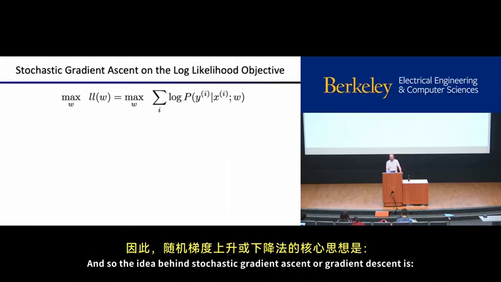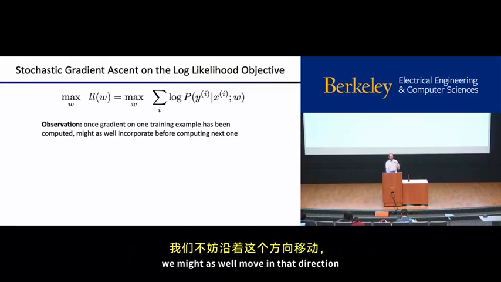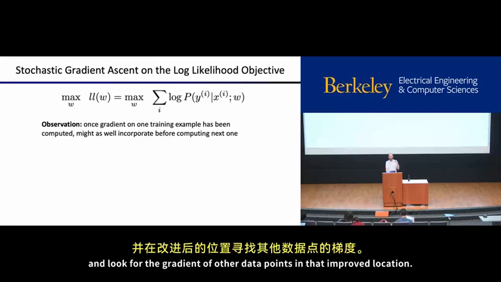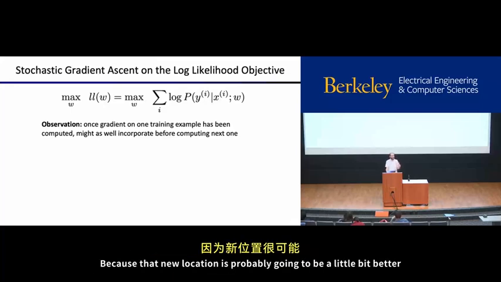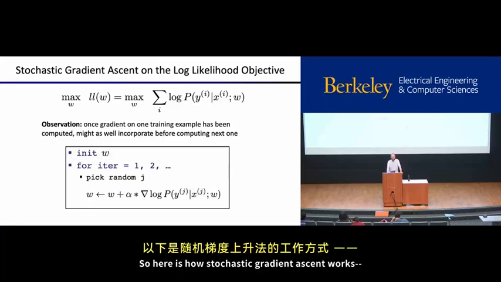And so the idea behind stochastic gradient ascent or gradient descent is once the gradient for one training example has been computed, we might as well move in that direction and look for the gradient of other data points in that improved location, because that new location is probably going to be a little bit better than the one we were at before. So here's how stochastic gradient ascent works.